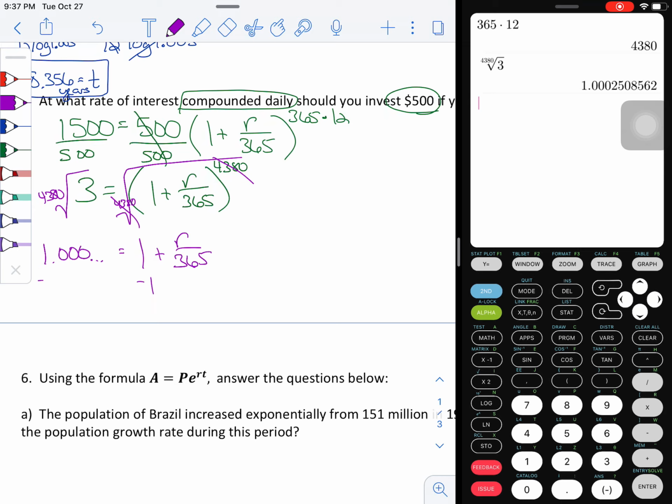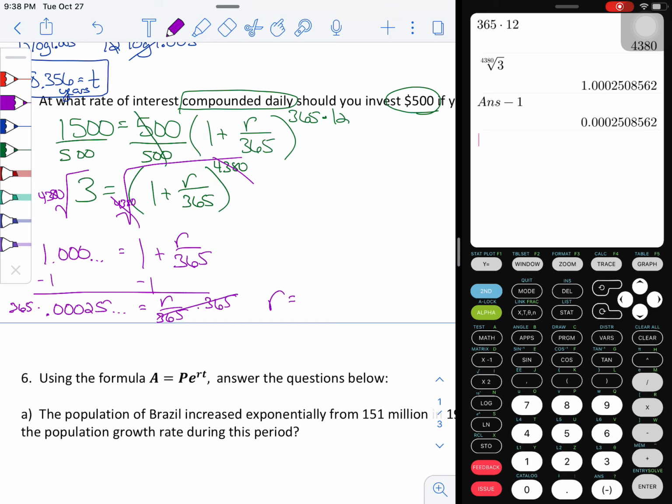I'm going to subtract 1 from both sides, and I'm doing that in the calculator as I go. So 0.00025 and some more stuff equals r over 365. That means I need to take both sides and multiply by 365. So r is going to equal that times 365.